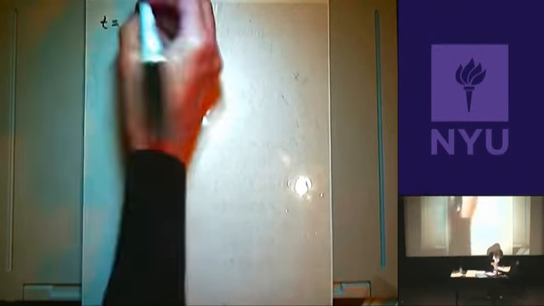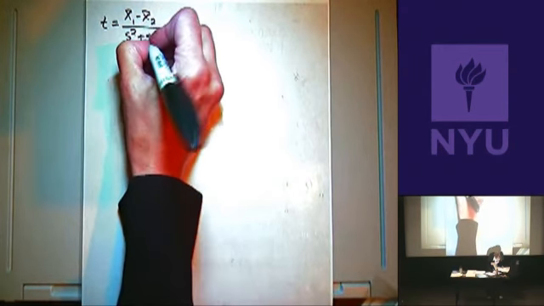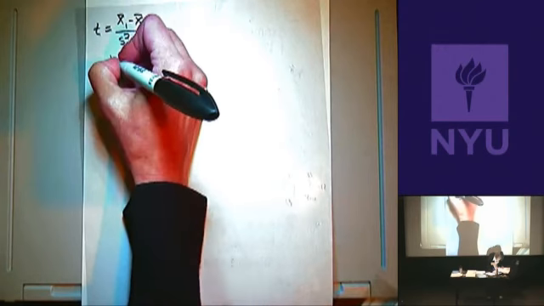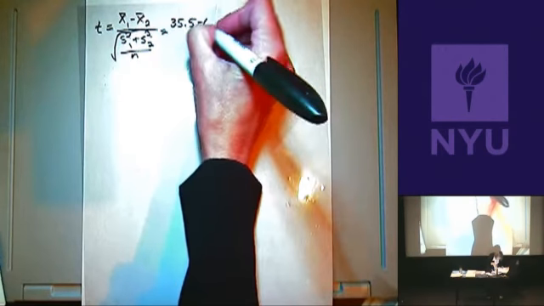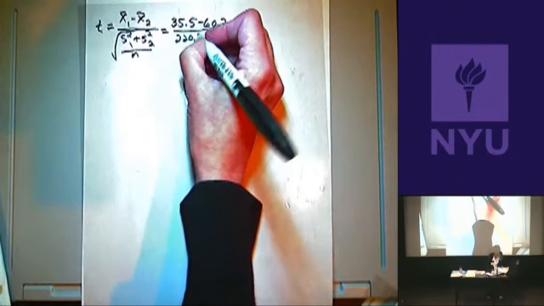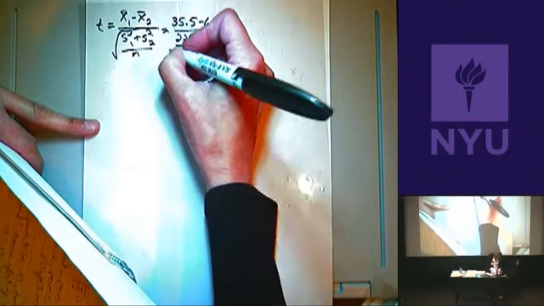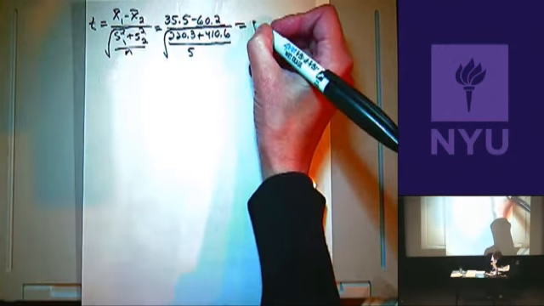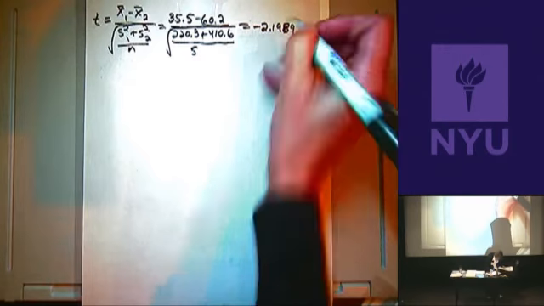They're equal sample sizes, so the pooled variance t-test for equal sample sizes. Again, our n is 5. Okay, that's my t.